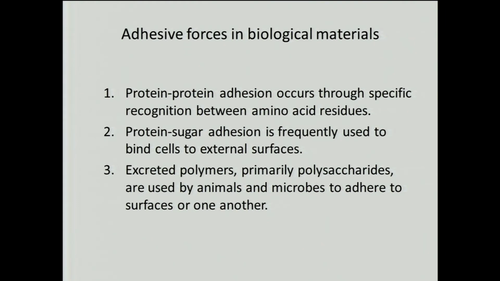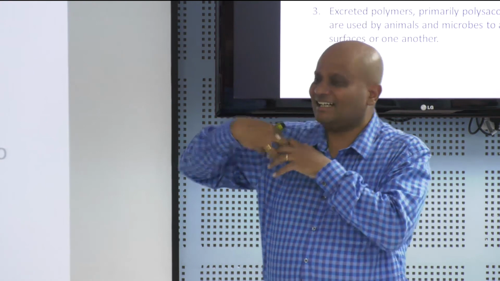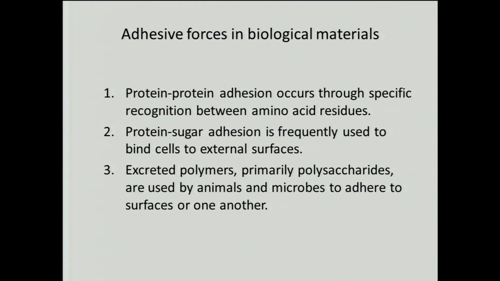So what are the adhesive forces in the biological model? It could be protein adhesion, where there are specific amino acids which react. Then there can be protein-sugar adhesion, which is frequently used for binding cells to external surfaces. This is what happens with biofilms.